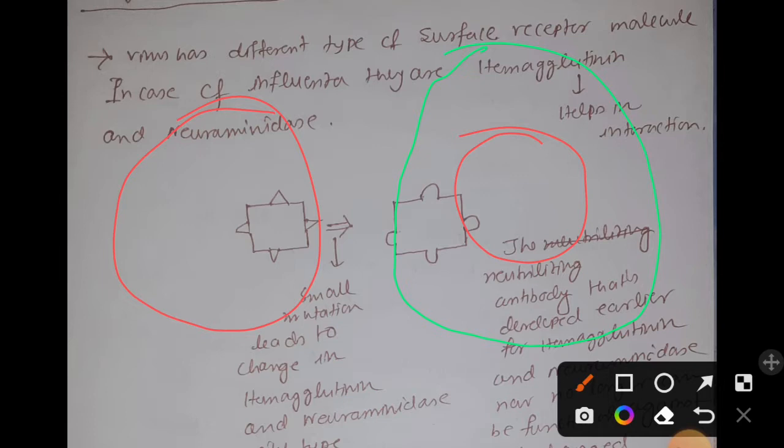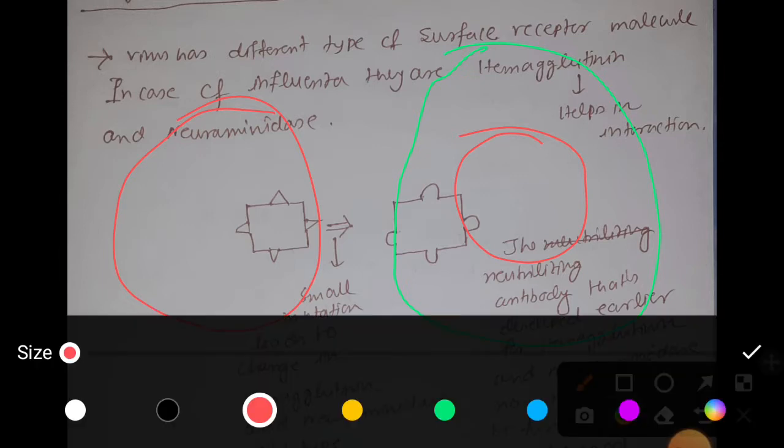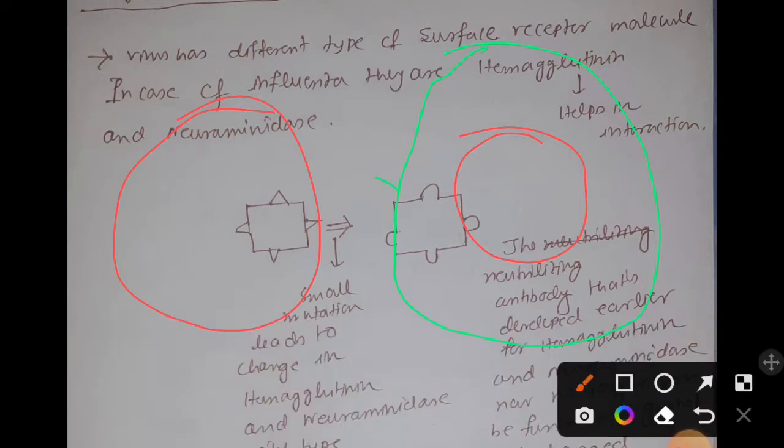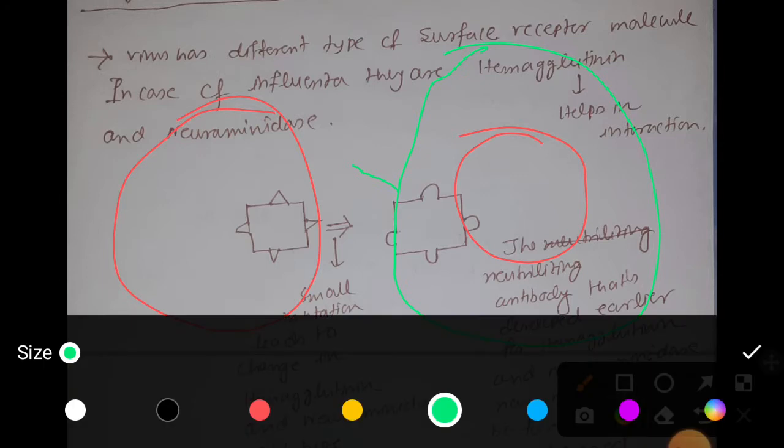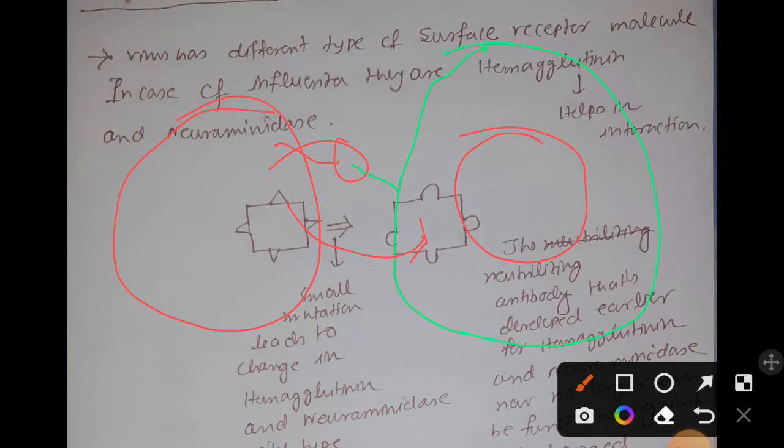So how do they do this? First of all, suppose this is the surface receptor of the host cell and this is the surface receptor of our virus. They interact via receptor mediated endocytosis. Just take this as an example, there are various types of entry mechanisms, we are not going to discuss them.